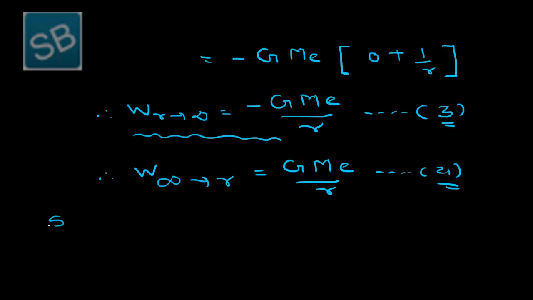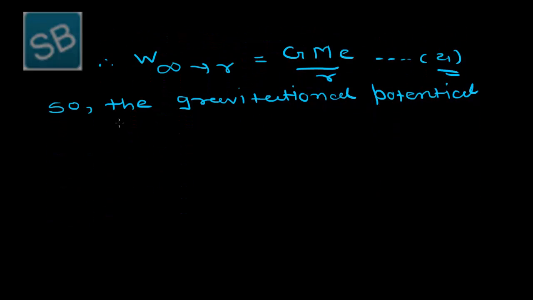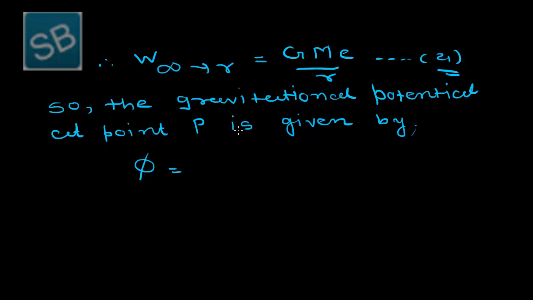So the gravitational potential at point P is given by phi is equal to minus GMe over r, because it is the negative work done, and that is equal to W, r tends to infinity.